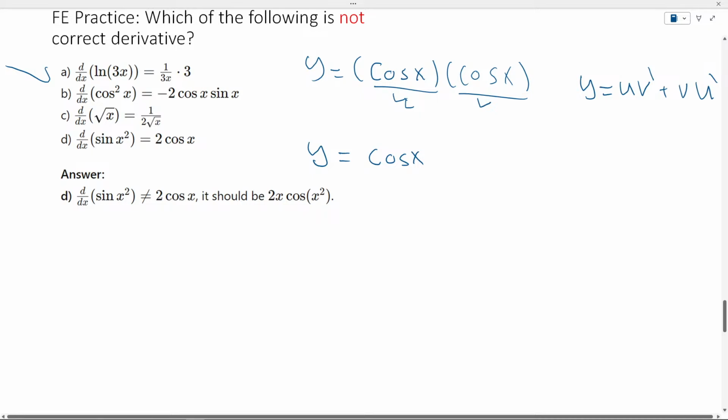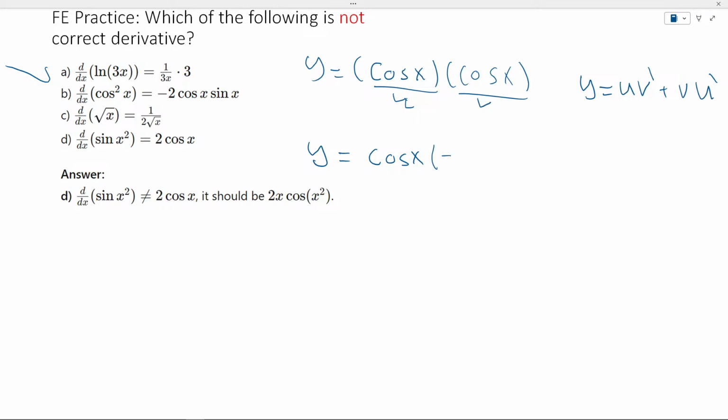This is the product rule, so I'm just applying the product rule. So I put cosine x times negative sine x, plus probably the same, cosine x also times negative sine x, that's how I do it. So that will give you negative 2, because I have two of them.